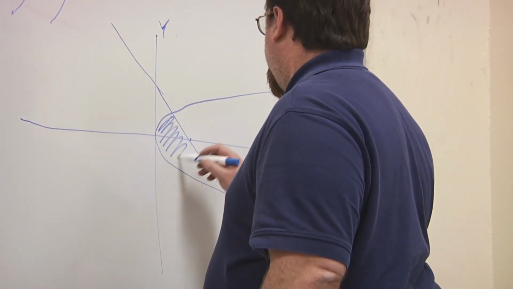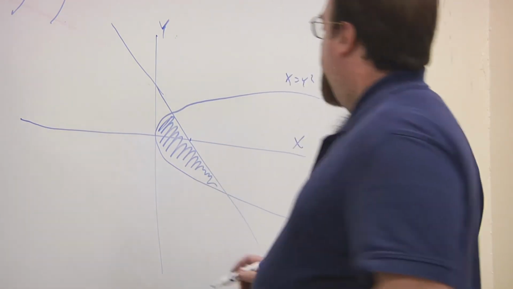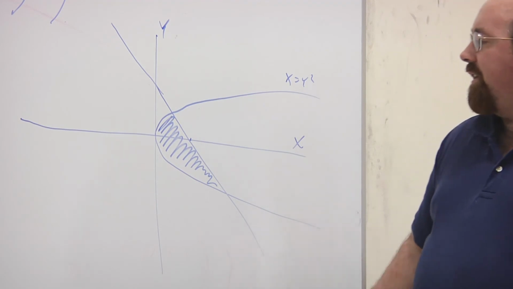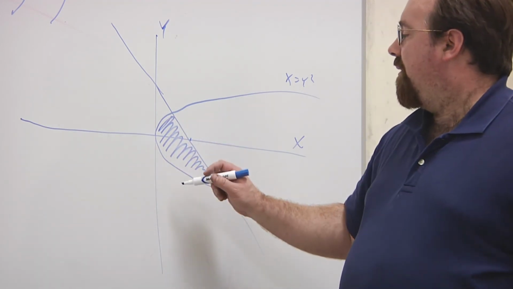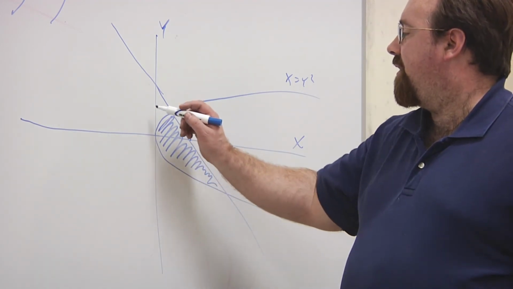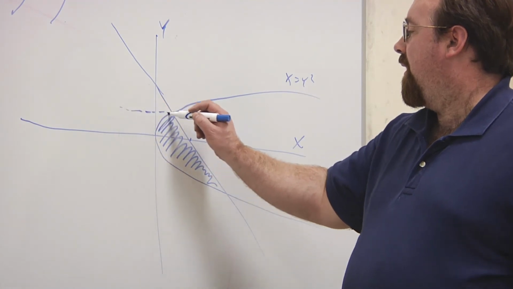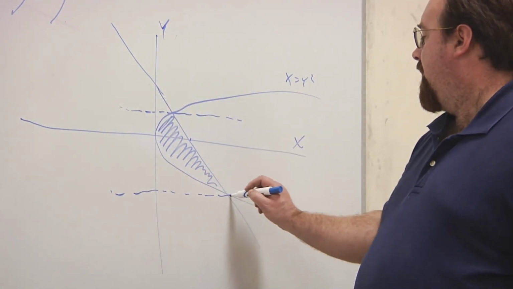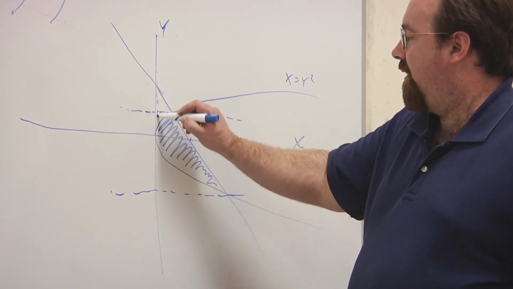And this is your region that you care about. So what you need to do is figure out which is more convenient. Is it more convenient to take limits in y or x?